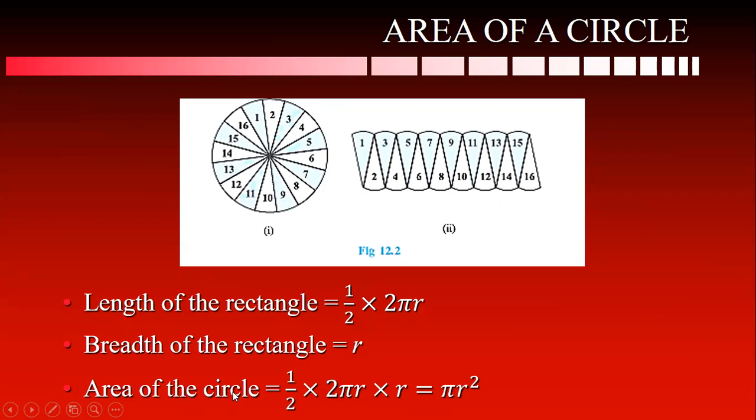Now area of the circle will be same as area of this rectangle, which is length into breadth. So half of 2 pi r, which is the length, into breadth is r, we get pi r square to be the area of the circle. So this is how we derive circumference and area of the circle.